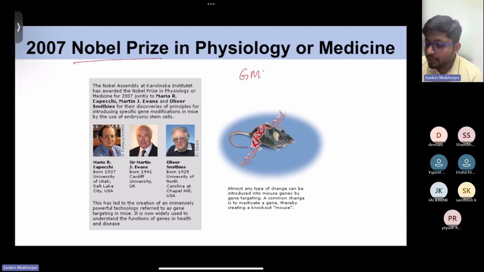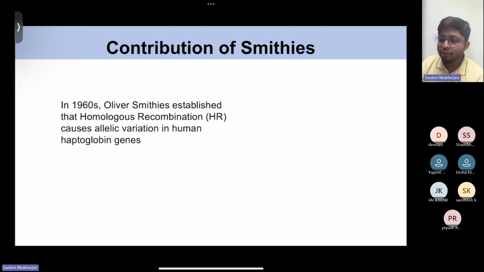And they used embryonic stem cell technology. This led to the creation of an immensely powerful technology referred to as gene targeting. It is now widely used in understanding the function of a gene in health and diseases. Till date, we use genetically modified organisms, specifically mice models, which are very close to humans, for biological experiments.